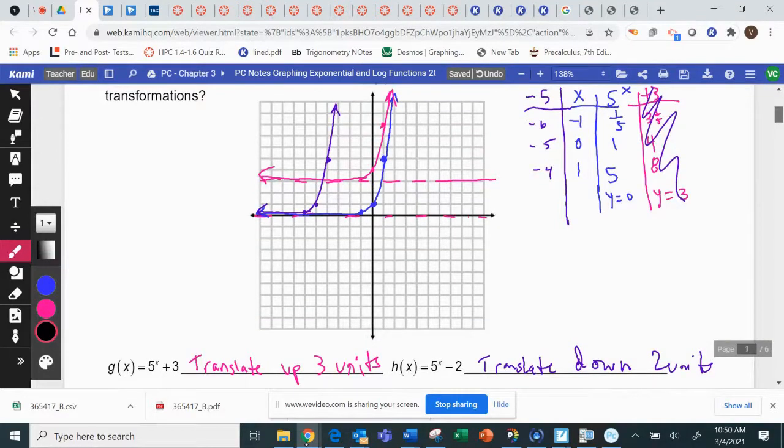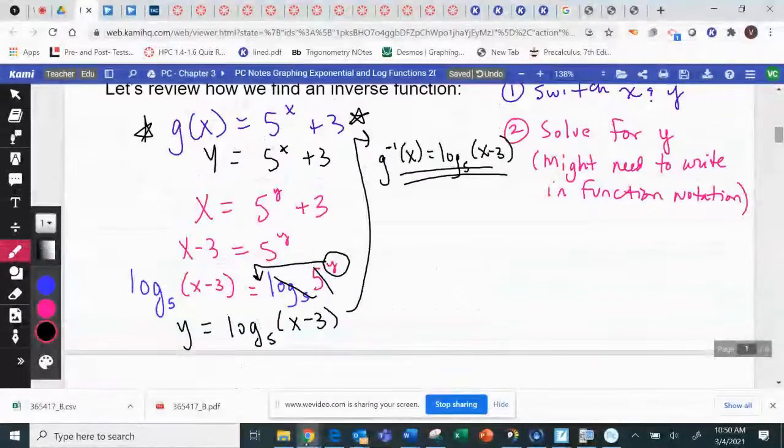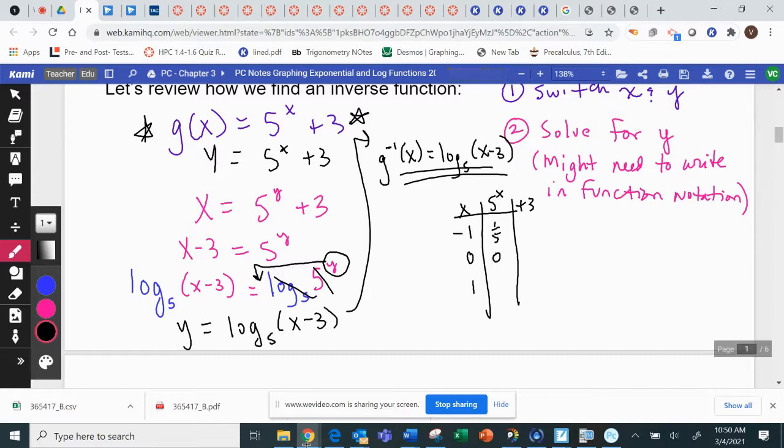That was x was negative 1, 0, 1. And then it was 3 1/5, 3, and then 8, and then y equals 3. So that was the g of x equation.